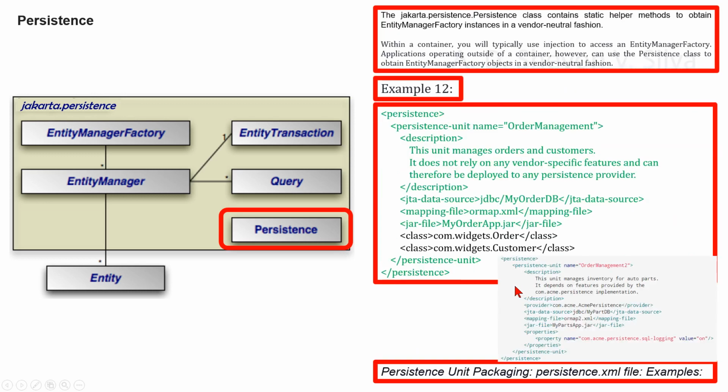Now we are considering the persistence.xml file in persistence unit packaging. Here you can see an example. The persistence.xml file defines the persistence unit. The persistence.xml file is located in the META-INF directory of the root of the persistence unit.